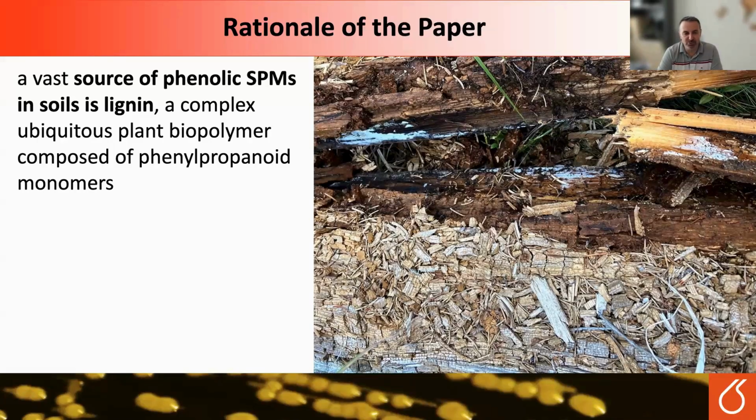When I speak to students, I say that lignin is based on different kinds of phenols, and that's the major reason why we link the degradation of lignin to the degradation of phenolic species.